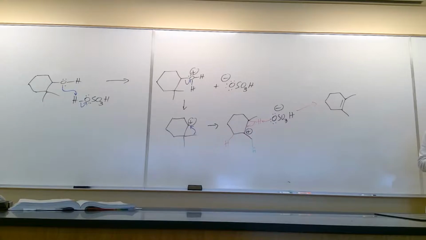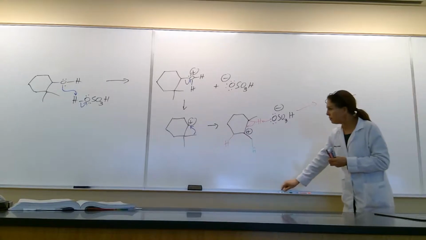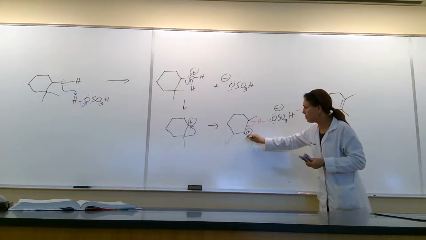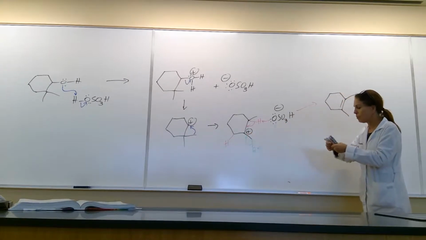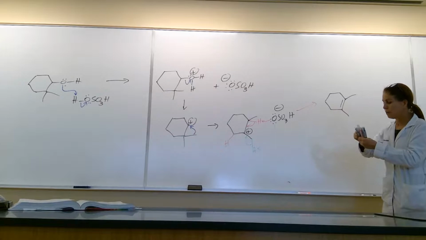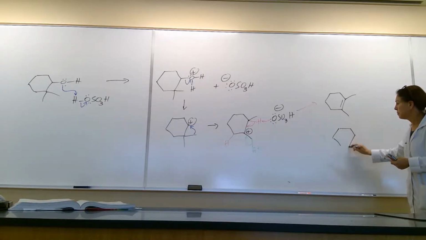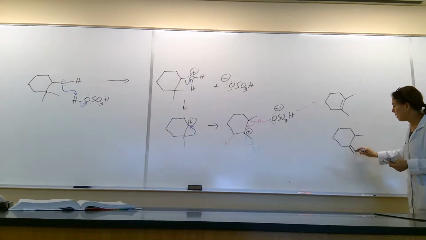See it? Now let's look at the green. The green, this takes the H, this folds. So the double bond for the green will be right here. We have a methyl and a double bond.